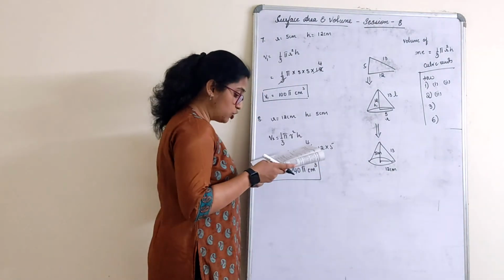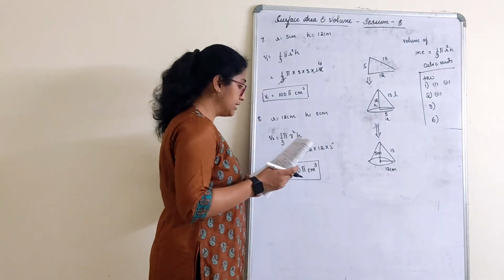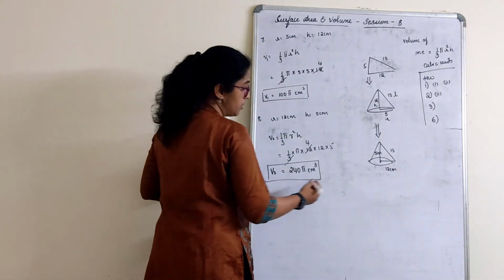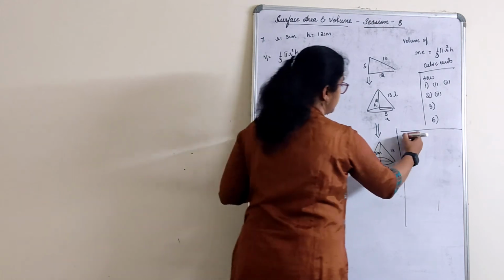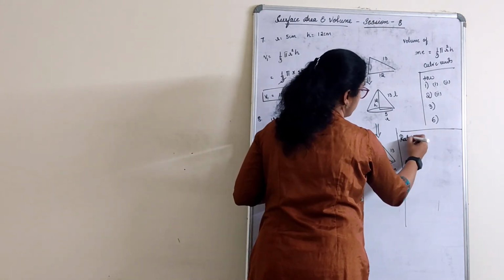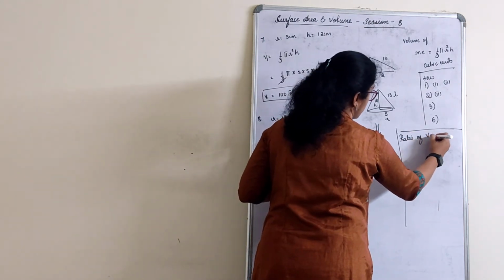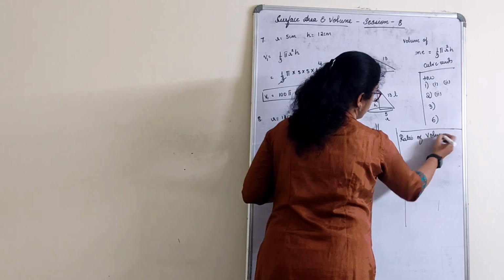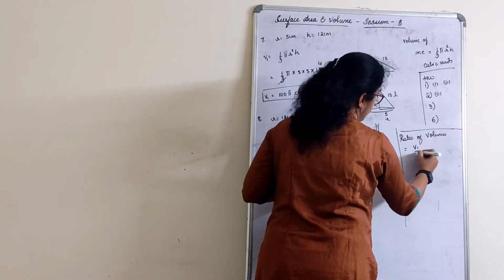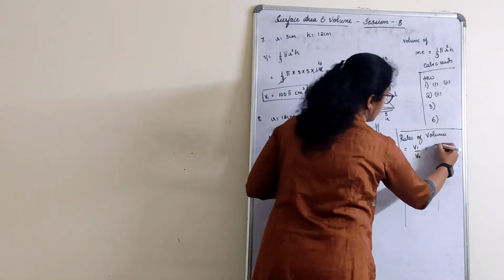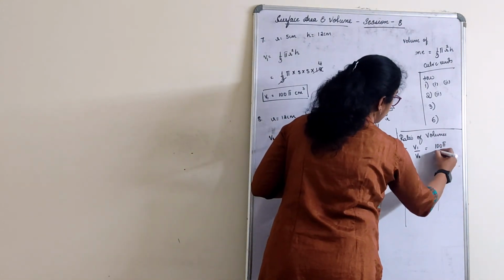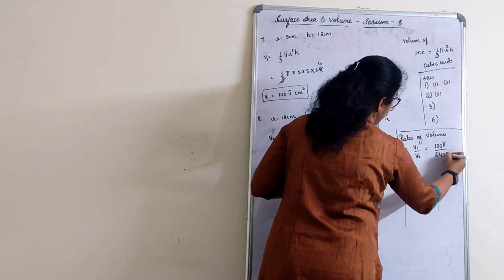Also find the ratio of the volumes of the two solids obtained in question number 7 and question number 8. I will do it here. Ratio of volumes, V1 by V2. What is V1? 100 pi by 240 pi.